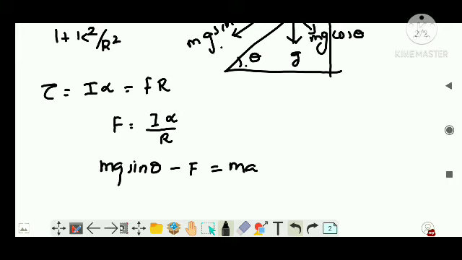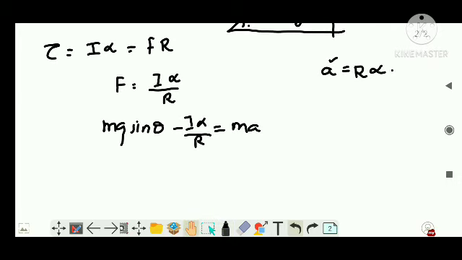Now the frictional force F I am going to replace with I alpha by R. What is the relationship between a and alpha? a is linear acceleration, alpha is rotational acceleration, so a is equal to R alpha. In this equation I am going to replace alpha with a by R.